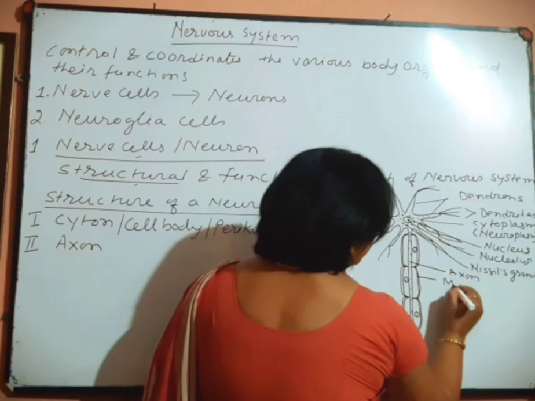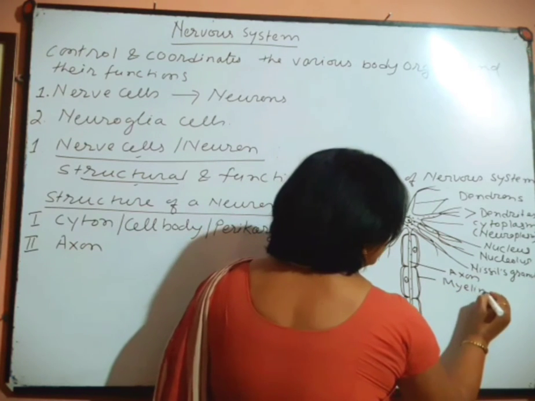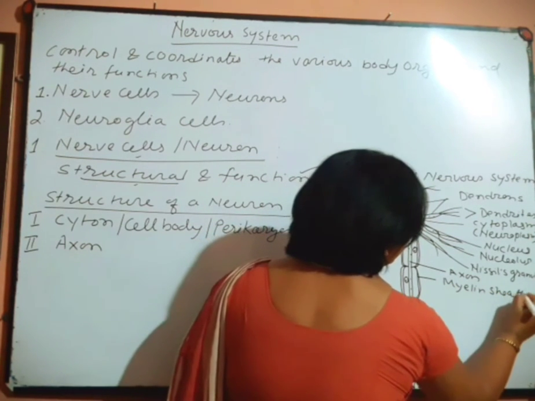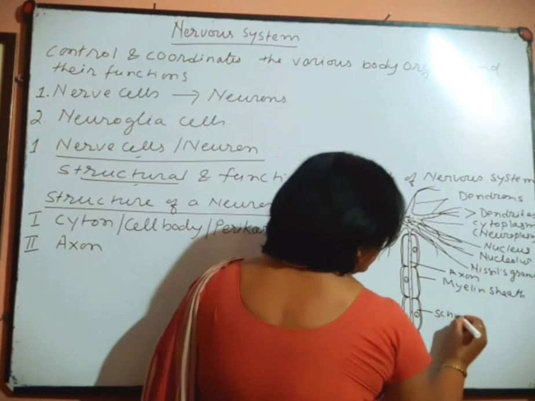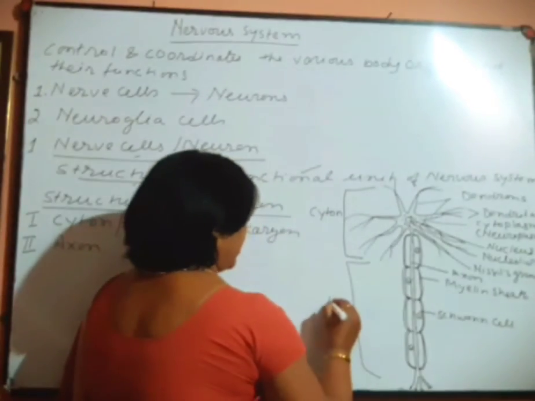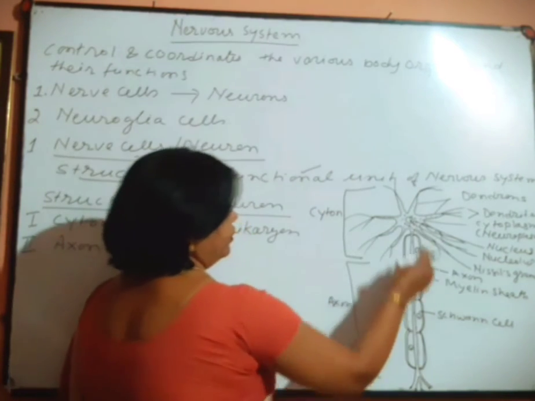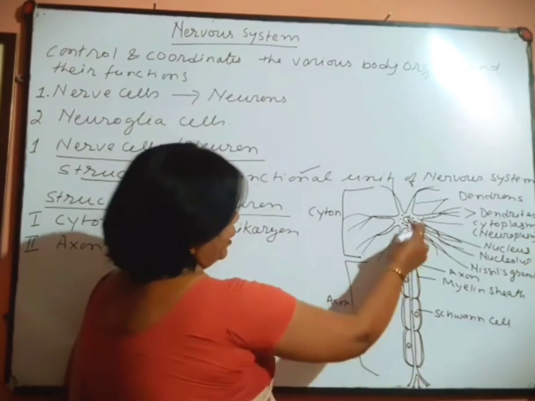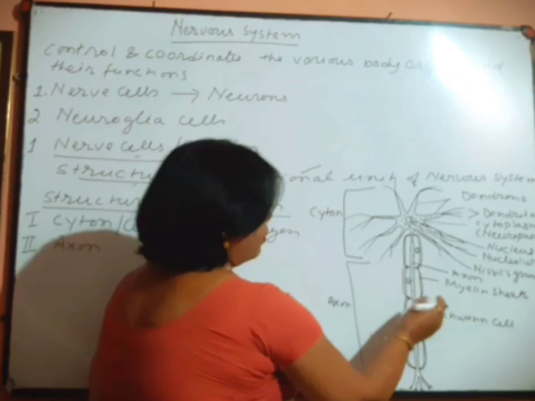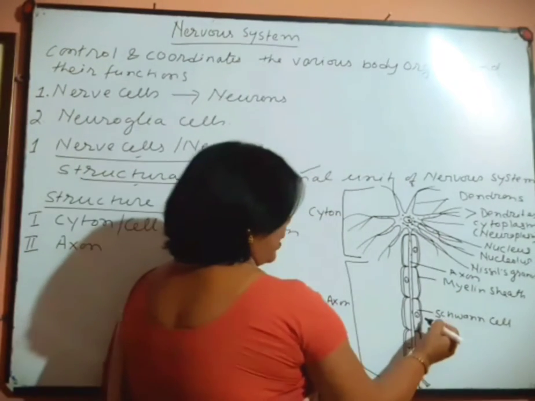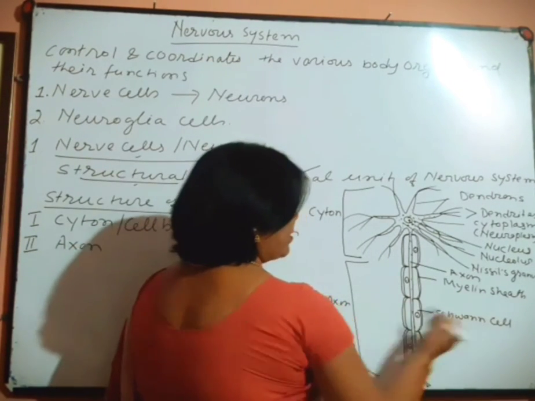Axon, myelin sheath, Schwann cell. This part is the axon, an elongated process or projection, which is covered by the myelin sheath, and the myelin sheath is made up of Schwann cells.